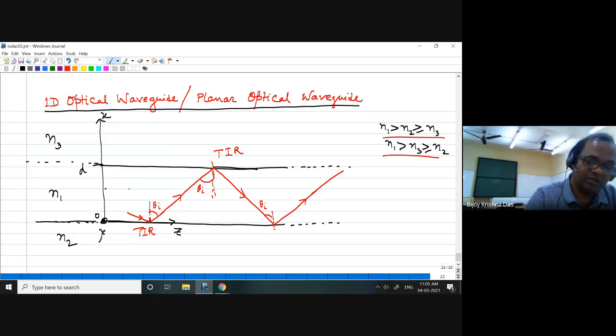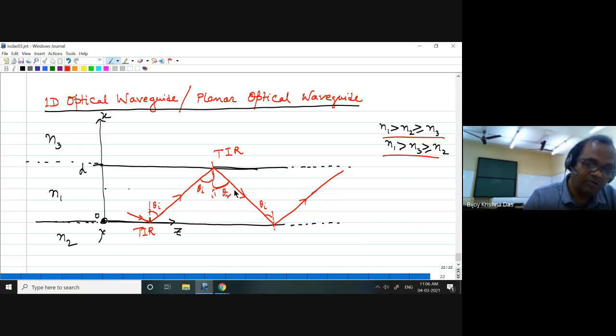They are the same because they are parallel lines. And total internal reflection taking place means the law of reflection applies, that means theta I should be equal to theta R. Okay, so this information we do have.